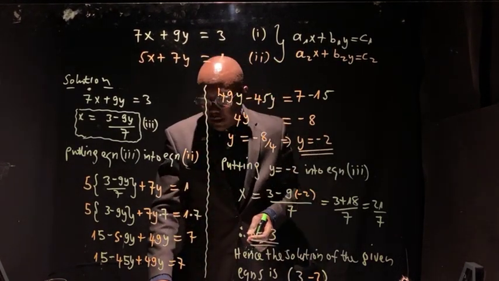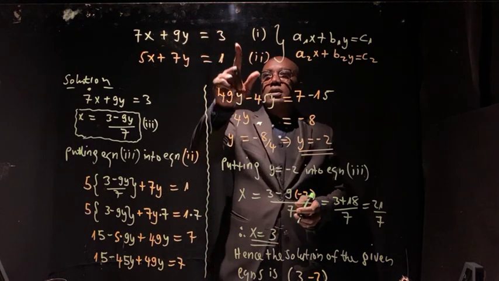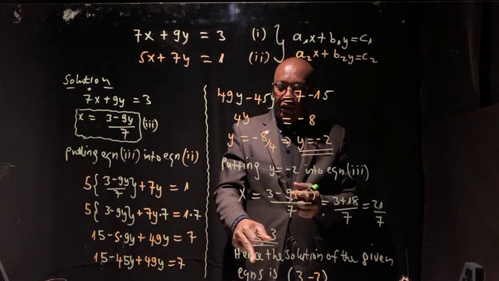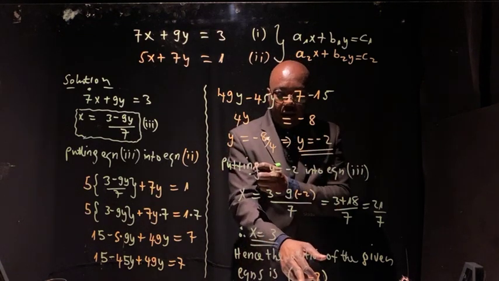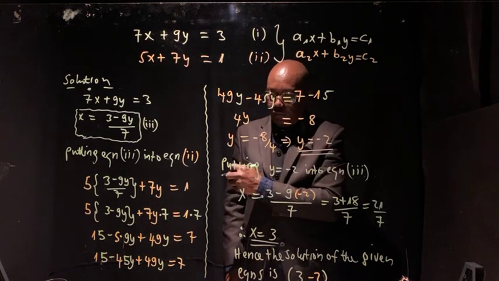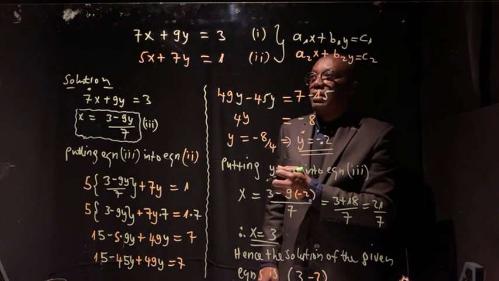As we've already said, the solution of the equation is the point where these two lines intersect. So these two lines do intersect where x equals to 3 and y equals to minus 2. Then you are done with that equation. You solved it.